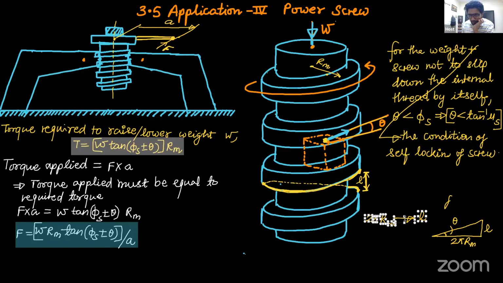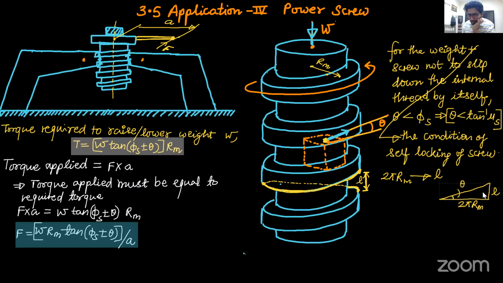So when your horizontal movement is 2 pi rm, then vertical movement is equal to lead. So I can very clearly see that if horizontal movement is 2 pi rm and vertical movement is L, then my dear friends, theta I can calculate simply as tan theta is equal to L upon 2 pi rm.